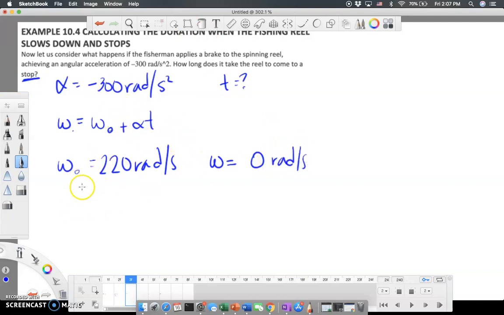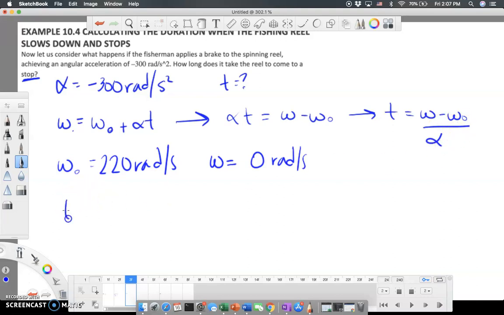So using this equation, we can rewrite it to get alpha t equals omega minus omega naught, or t equals omega minus omega naught over alpha. So we can plug our values in.